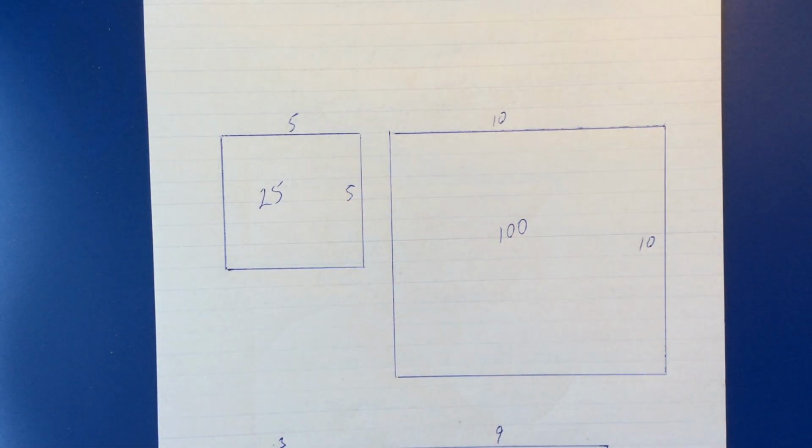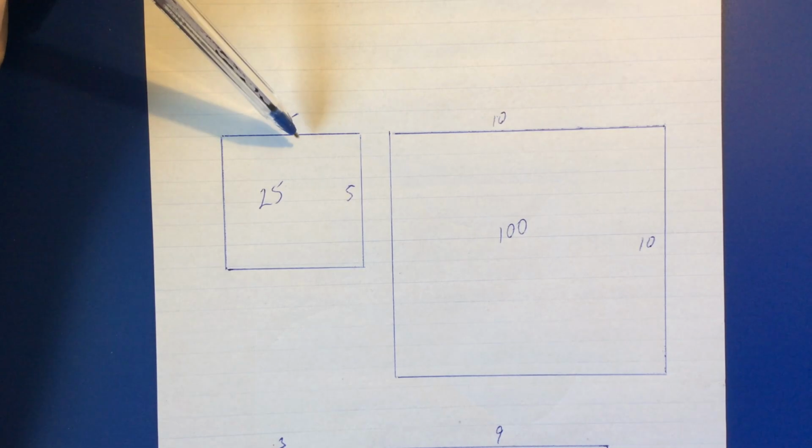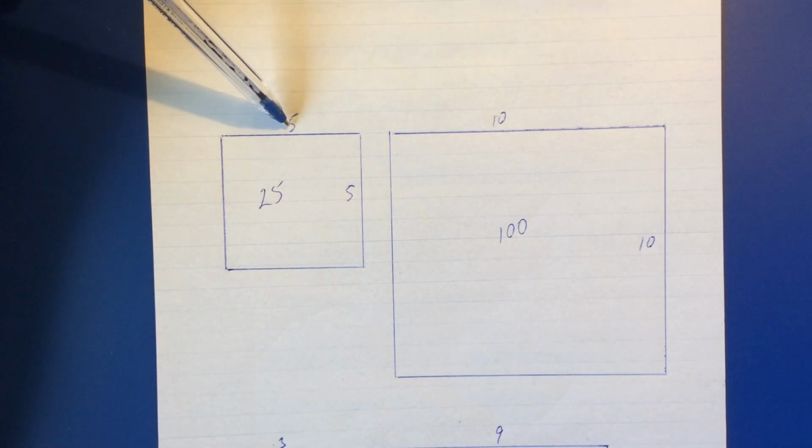And so I'm not multiplying by 5, I'm not multiplying by, I don't know, think of another number. What I'm doing is I'm multiplying by the factor of the difference between these two numbers.